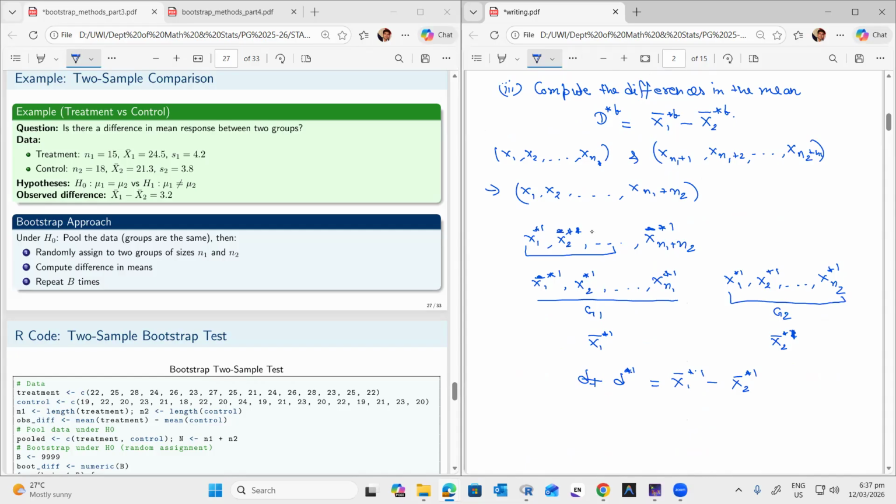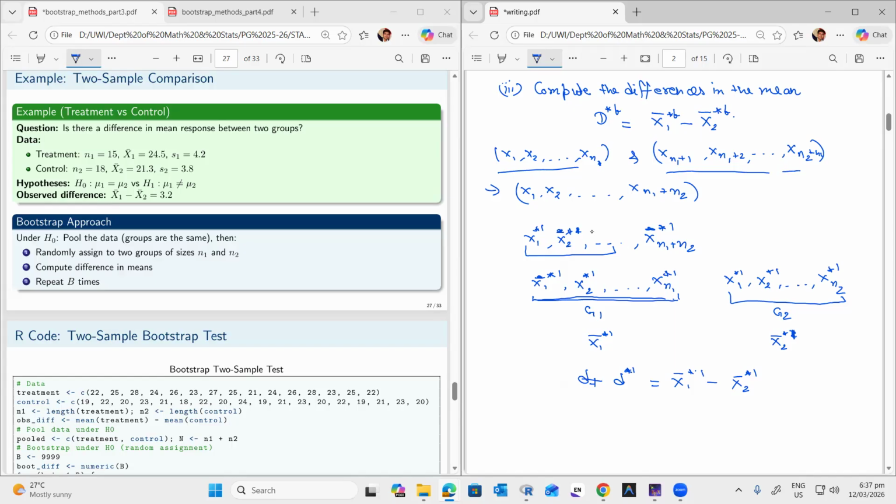In the first N1 sample, it is not necessary that all the observations come from the first group. Some observations may come from the second group also. Similarly, in the second group that we create from the next N2 values, it is not necessary that all observations come from the original second group.